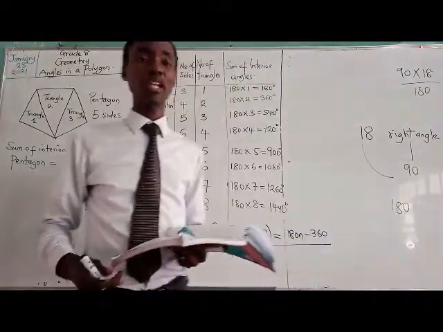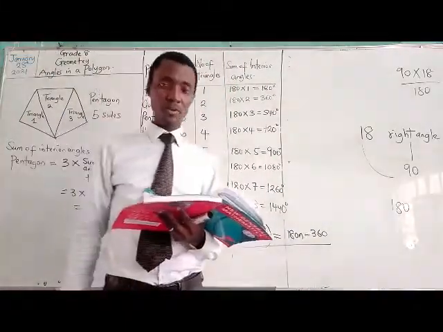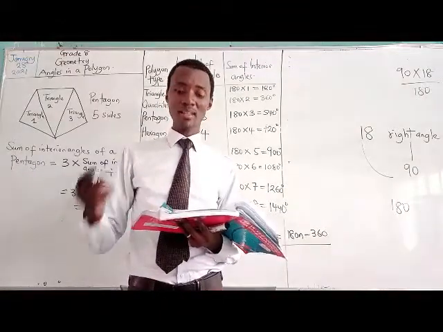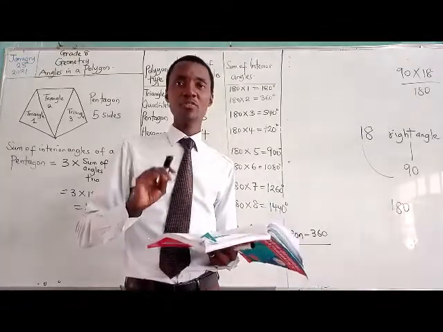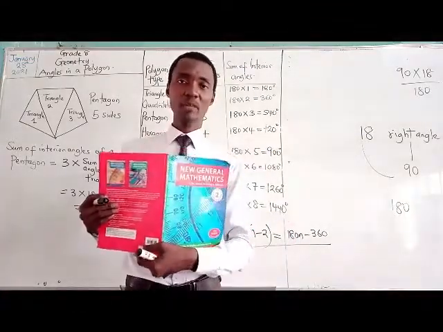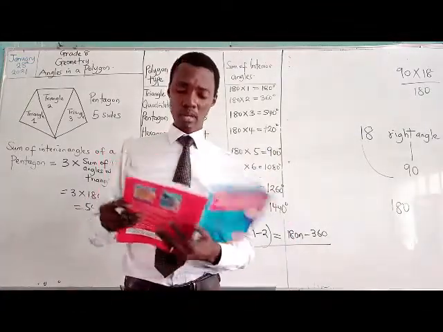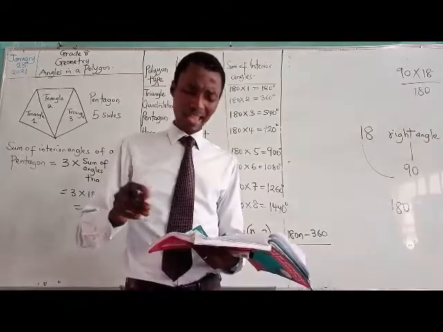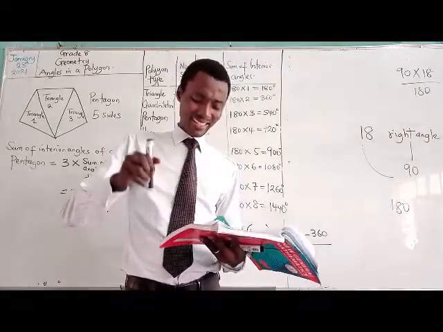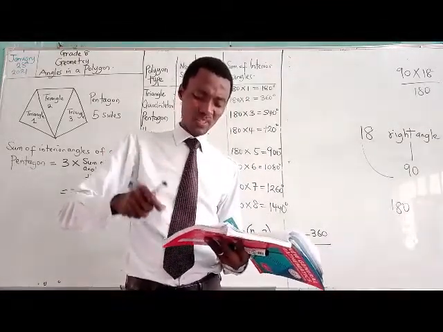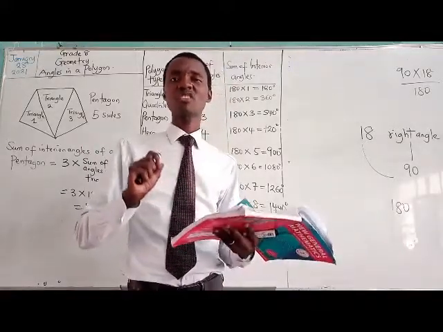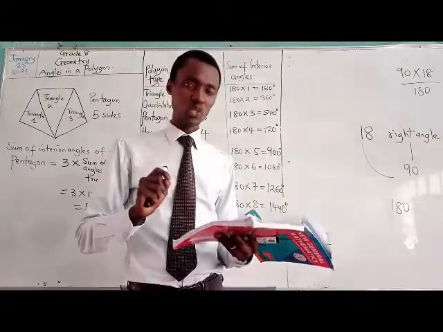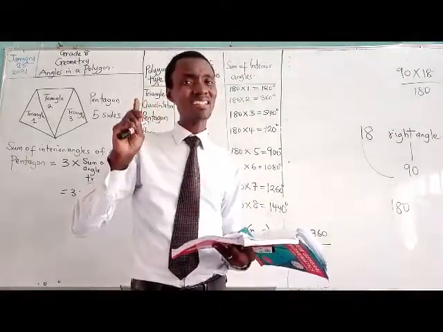Okay, we'll try to use our knowledge of this topic to answer revision test 6 of our textbook, looking at page 45, Nigerian Mathematics for JS2. And then the question says, how many sides does a polygon have if the sum of its angles is 18 right angles?